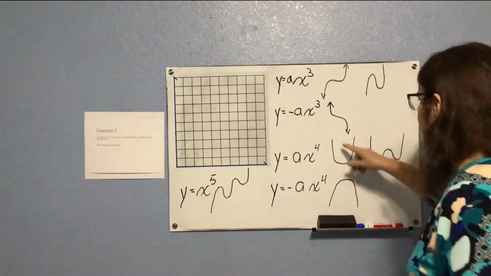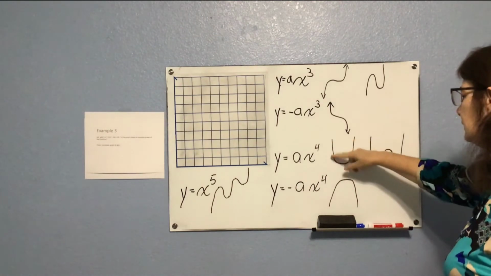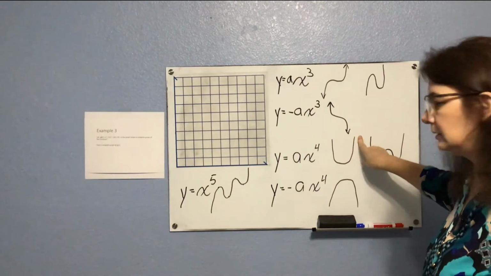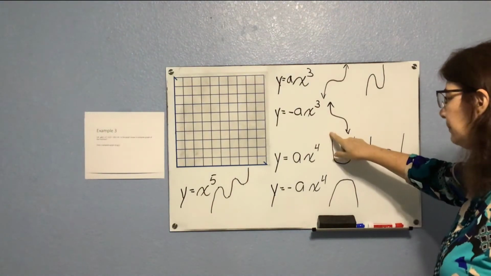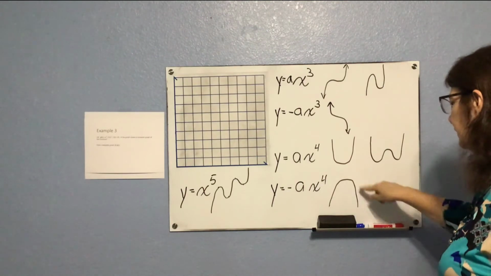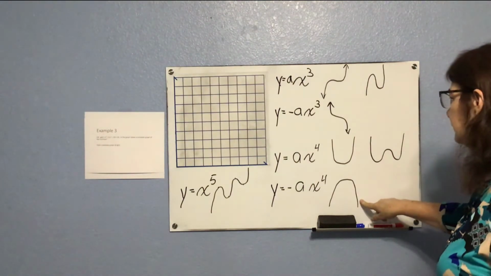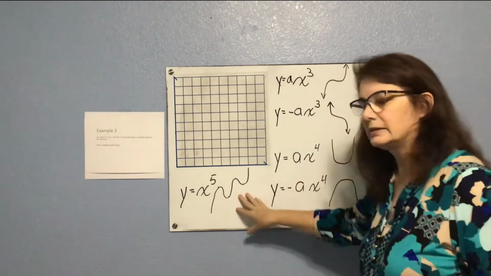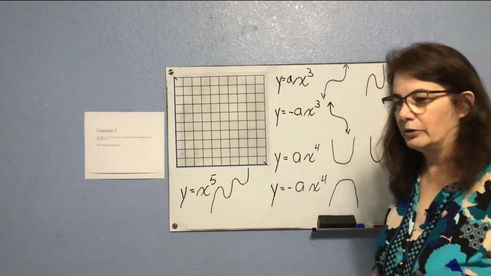Even degrees are going to start from one direction and go back to that same direction, whether it be from positive back to positive or from negative back to negative. These are even degrees. These and this are odd degree polynomials.